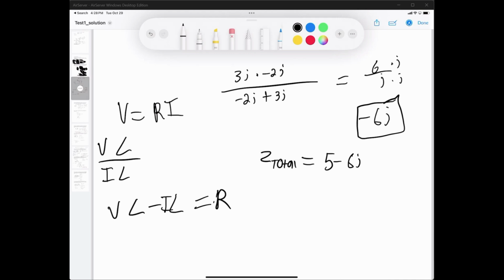If you want to find the power factor, one way is by knowing Z total. The phase angle of Z total will give you the phase angle you need for the power factor.